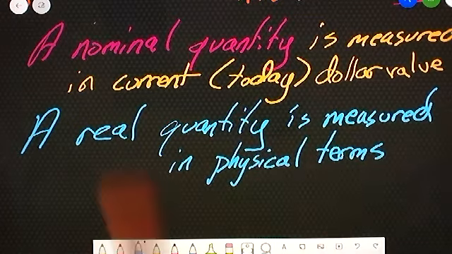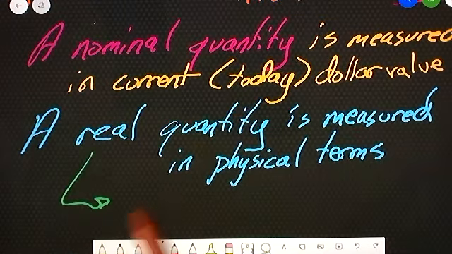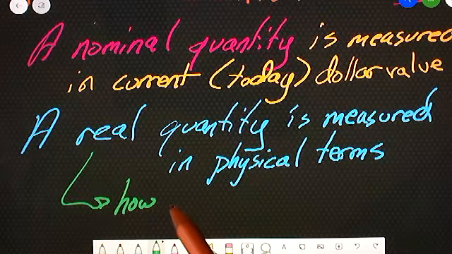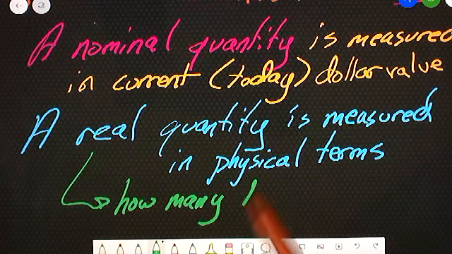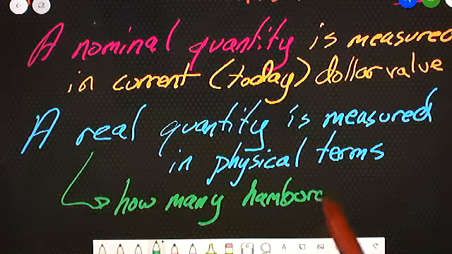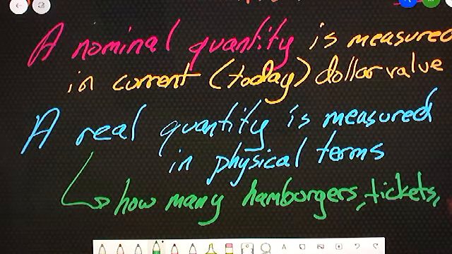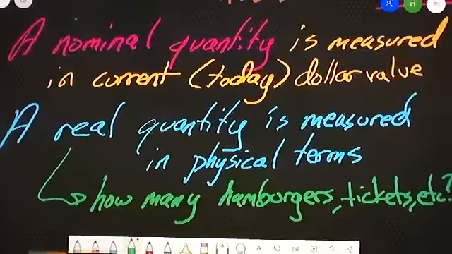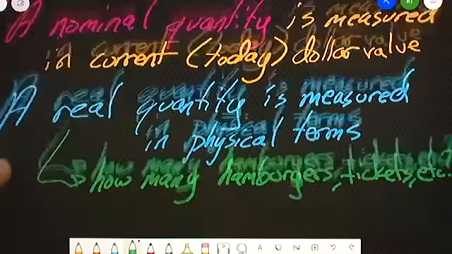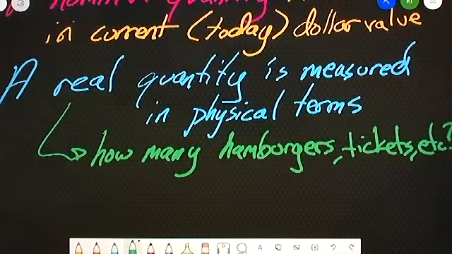And so the real quantity is capturing how many hamburgers, movie tickets, etc. can I buy? That's what we're really trying to get at, and the real quantity does a better job of capturing that.